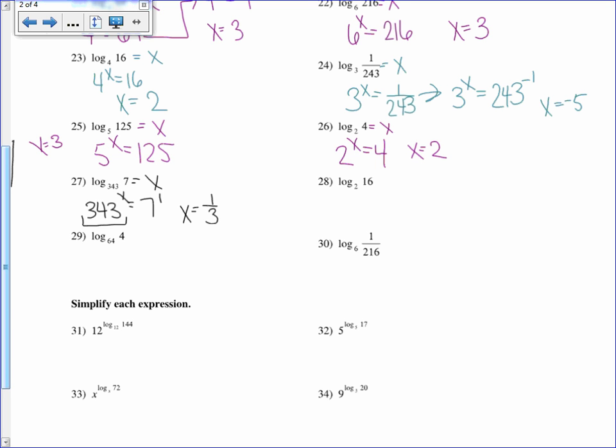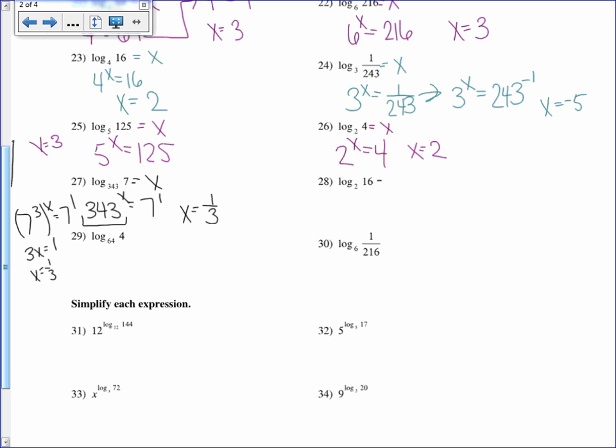Okay, just guess. Try 7 to the first. Try 7 squared. Try 7 cubed. Okay, you're going to end up getting 7 cubed. So this is going to be 7 cubed to the x is equal to 7 to the first. Now you've got an exponent of 3x equal to 1, so x is equal to 1/3.